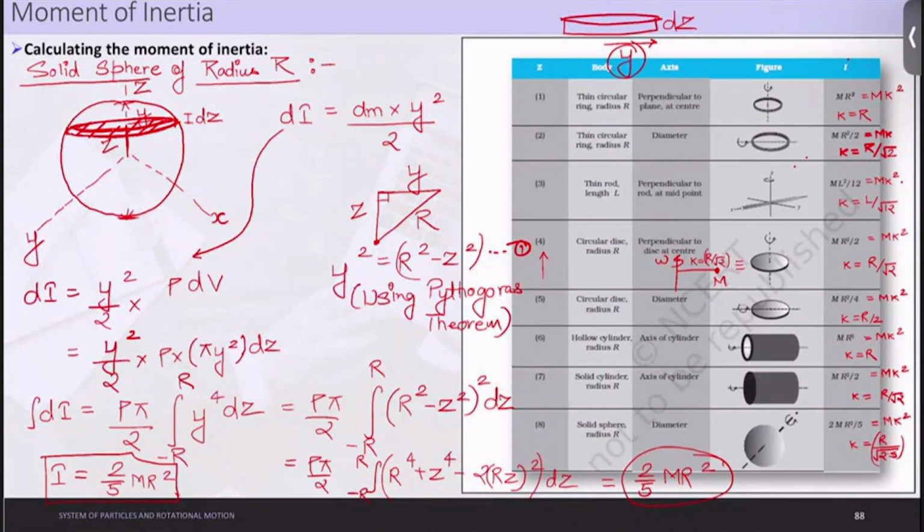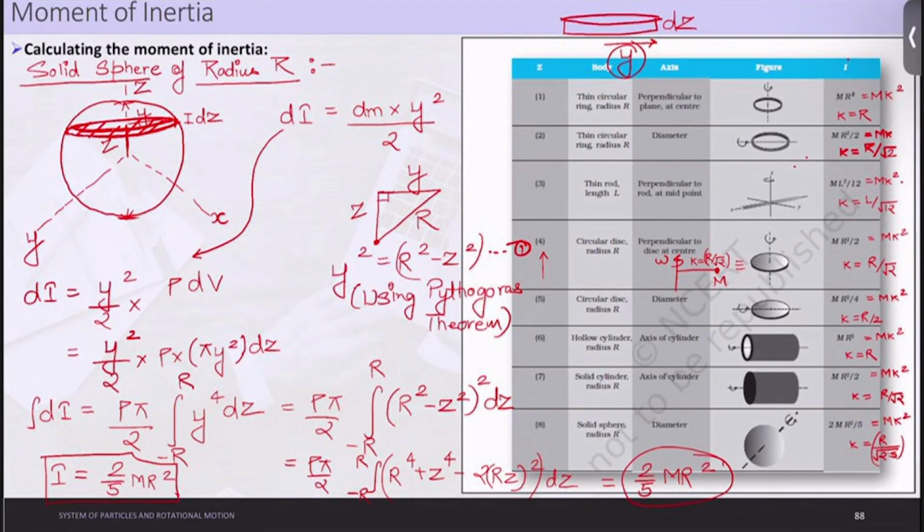Right? Then the moment of inertia of this mass capital M will be the same as the moment of inertia which is offered by a circular disk of radius r. Okay, so that is the complete concept, the basic crux of your radius of gyration.